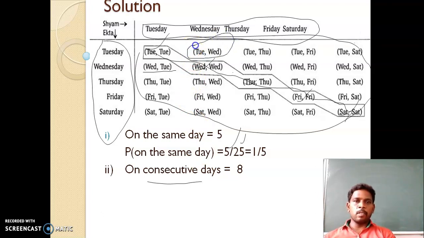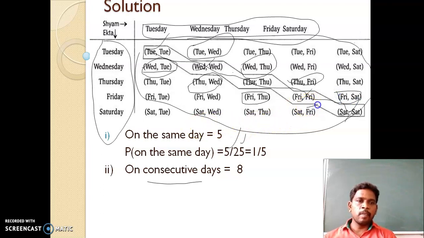Here Tuesday, Wednesday, so first one. And Wednesday, Tuesday, in the reverse case, you can consider this one also. And Wednesday, Thursday, and Thursday, Wednesday, and Thursday, Friday, and Friday, Thursday, and Friday, Saturday, and Saturday, Friday.